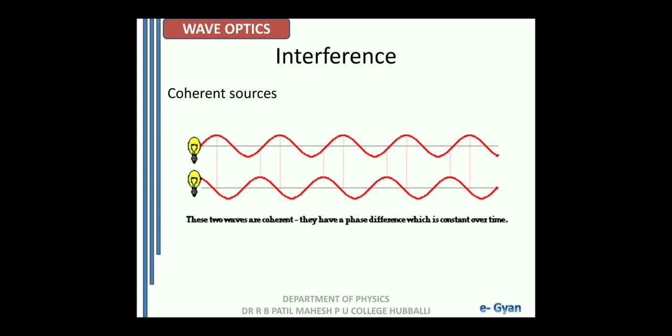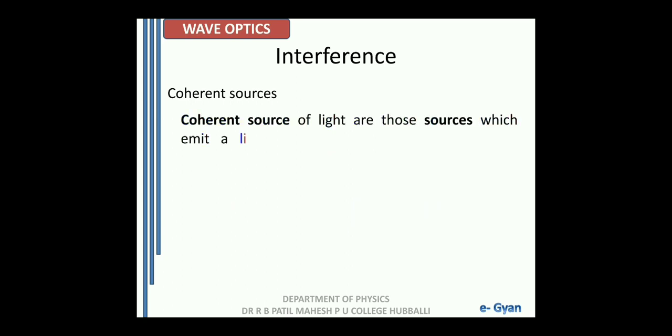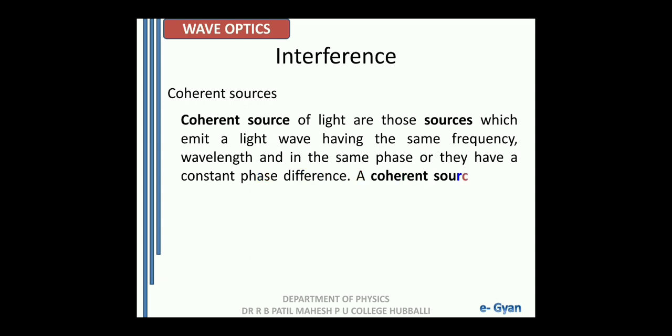In the earlier diagram, even the phases were the same. So we define coherent sources as those sources of light which emit light waves having the same frequency, wavelength and in the same phase, or they have a constant phase difference.